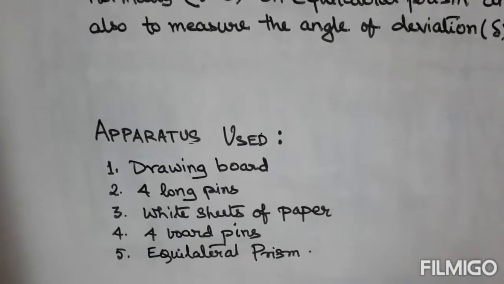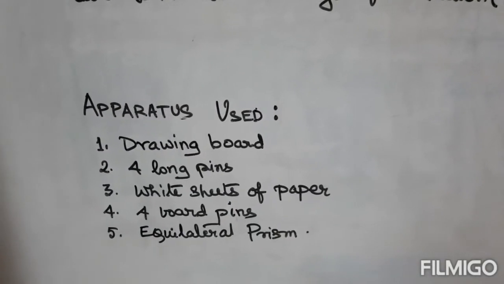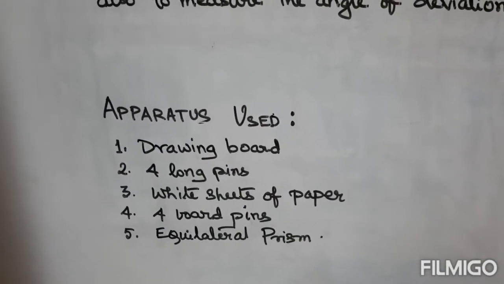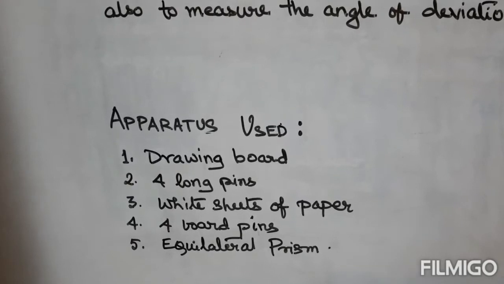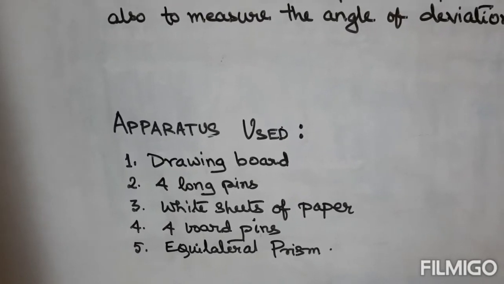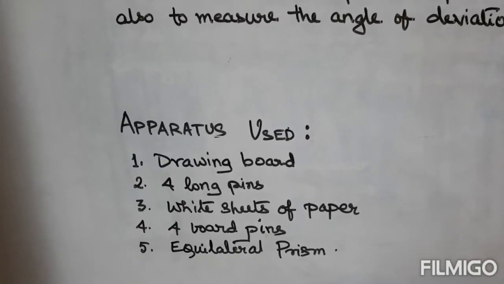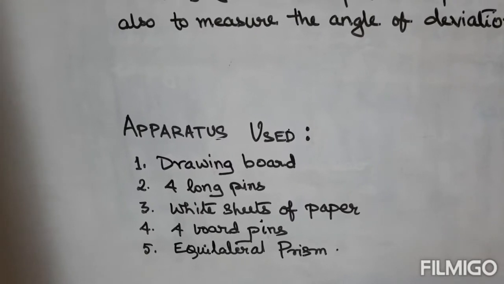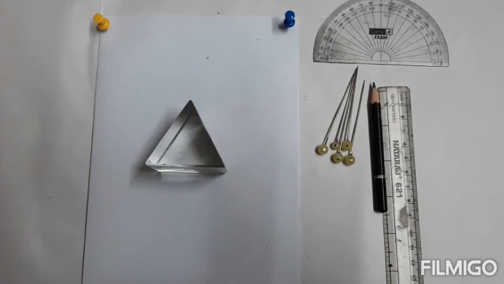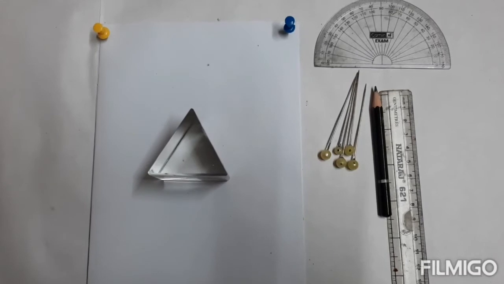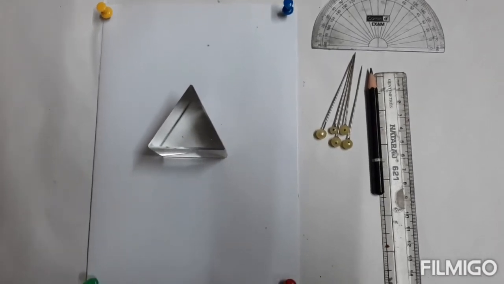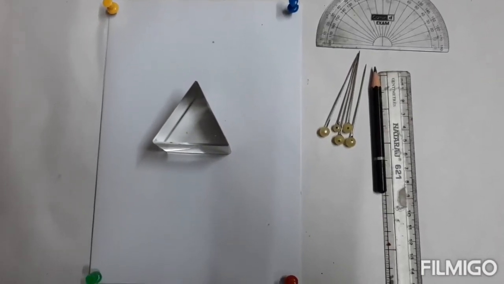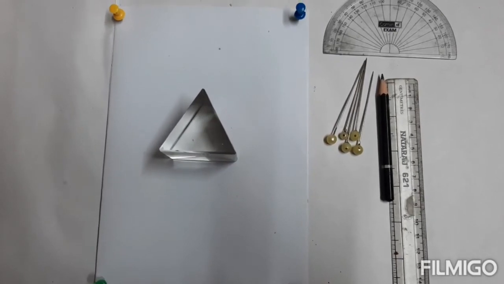The apparatus used to do this experiment: a drawing board, 4 long pins, white sheets of paper, 4 board pins, and 1 equilateral prism. Here we have an equilateral prism. A white sheet of paper is pinned and the equilateral prism is kept.